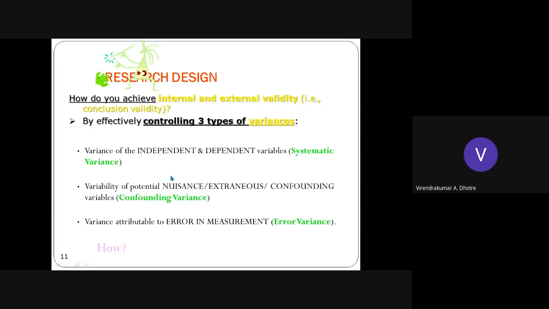So how do we minimize the error? We define those factors as well, how we can reduce the error. Where that error is getting inserted, identifying that is also a challenge. So by effectively controlling these three types of variance, we can do research design with internal and external validity as conclusion validity.